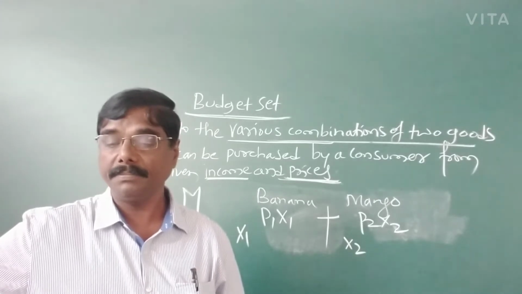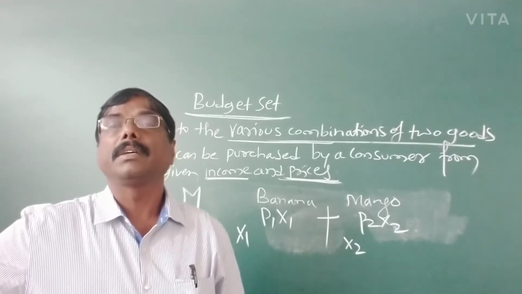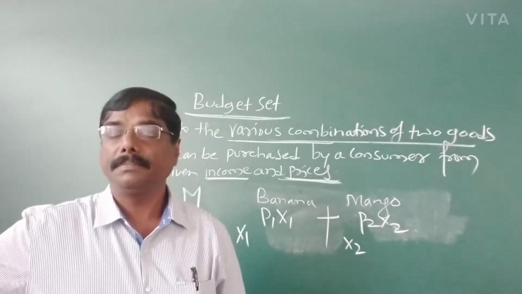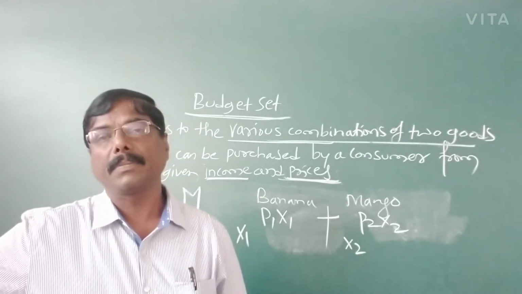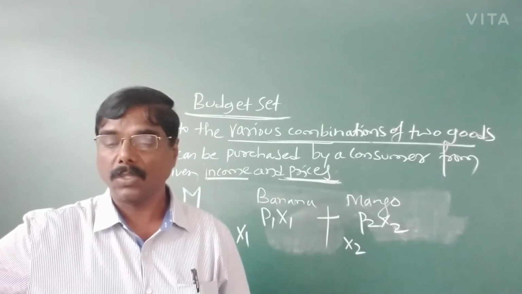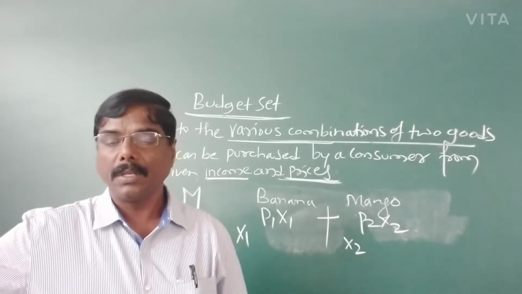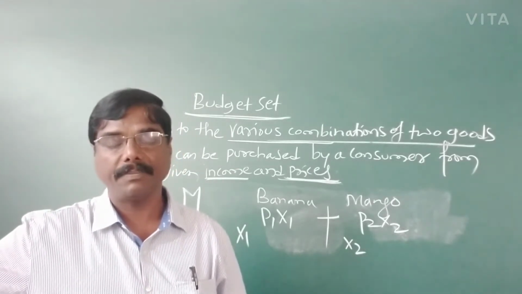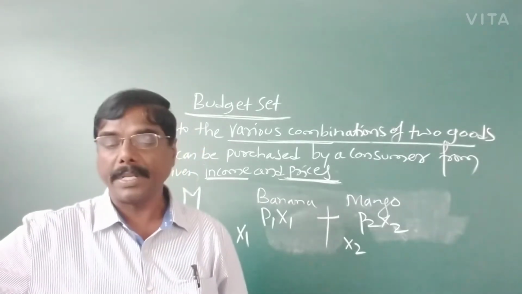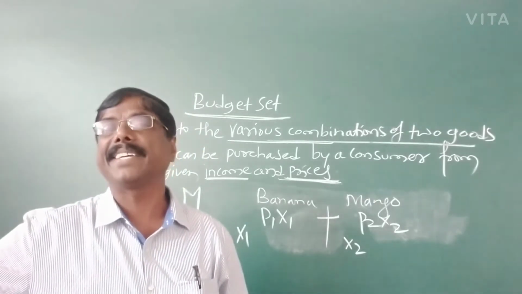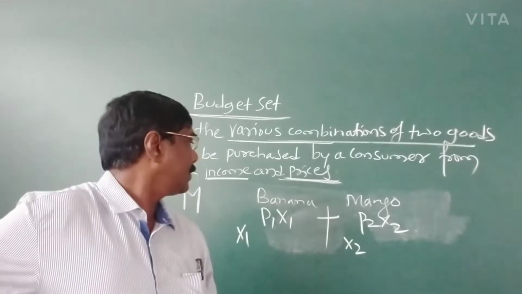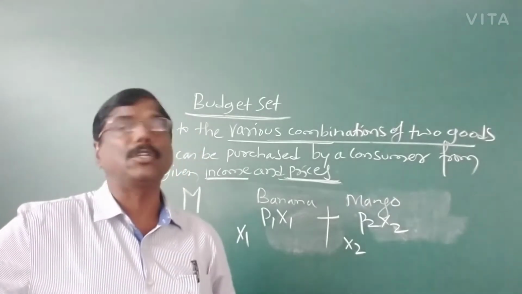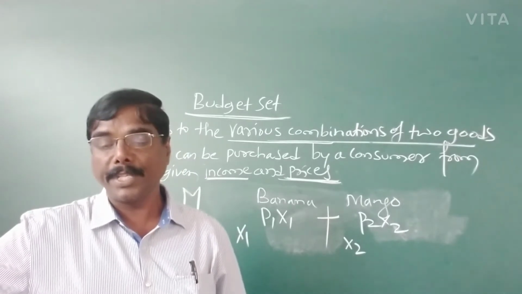His income is M, and he is able to buy a combination of two goods at the given prices P1 and P2.